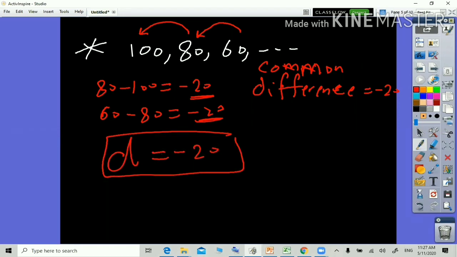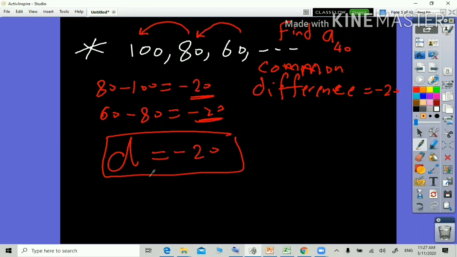Keep that. The question says find, for example, A40, to see the importance of the nth term formula we have just learned. Find A40. Who can remind me? Do you memorize the formula?